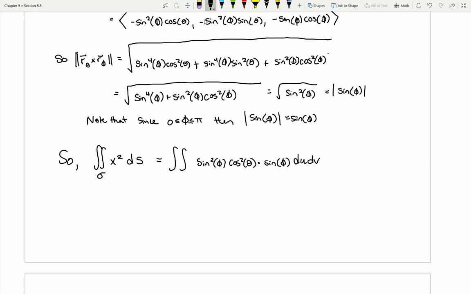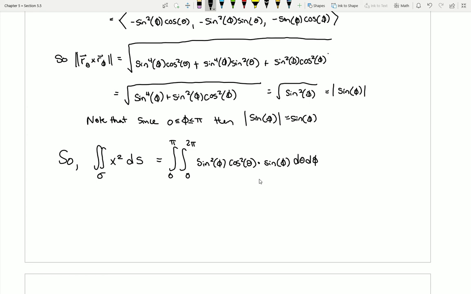Oh, wait, sorry, not du dv. Those are the wrong letters. I can do something like d theta d phi if I want, and I need to know the bounds on those, but fortunately I already have those. Remember that theta is bounded from 0 to 2 pi, and phi was bounded from 0 to pi. Now, of course, since these contain no variables, I know I'm working over a rectangular region in the theta phi plane, and so it's totally fine for me to reverse the order of this integration if I would like to.